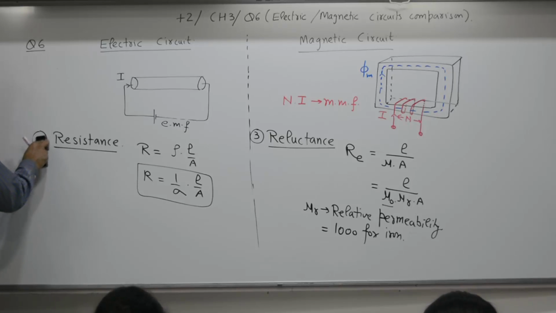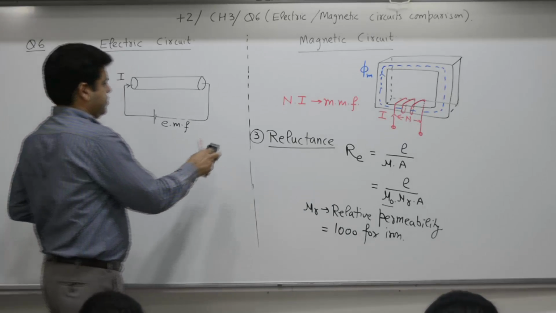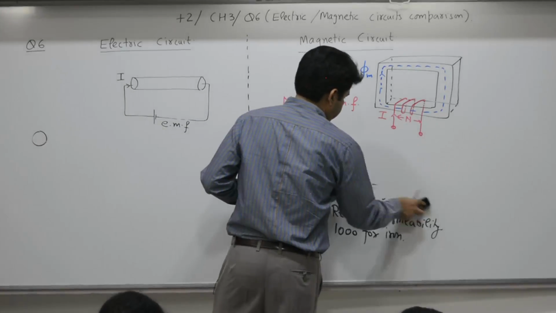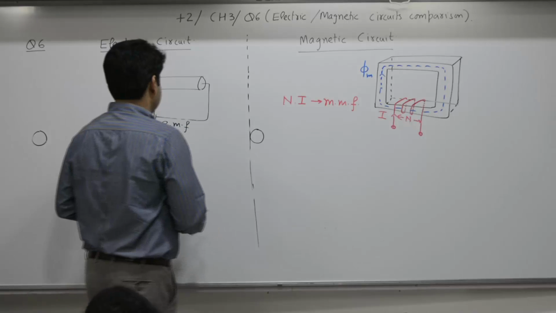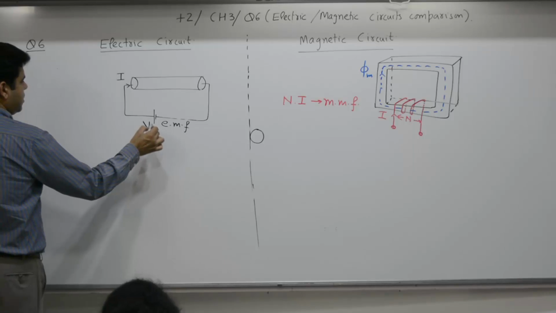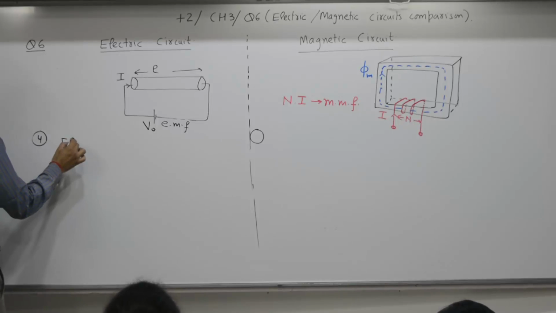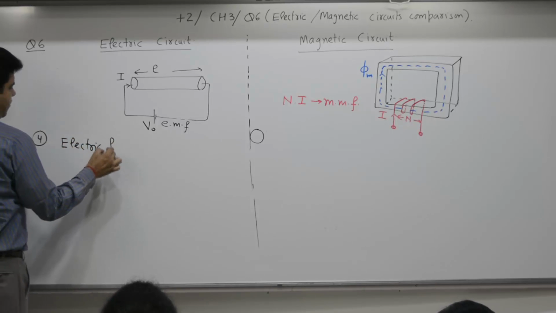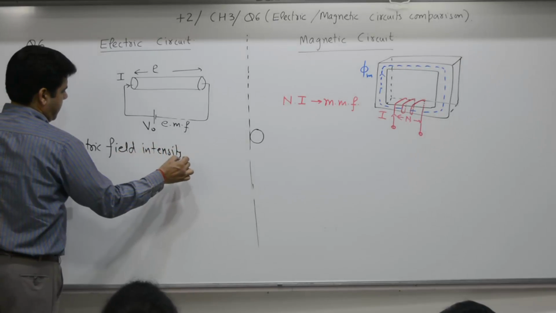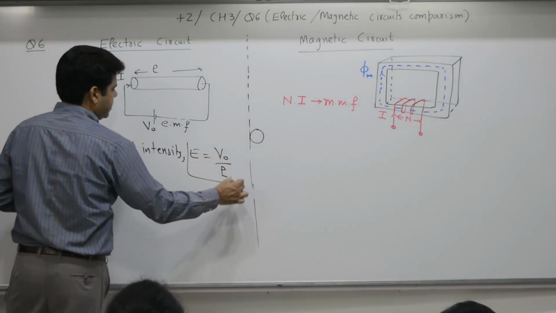Fourth point is electric field intensity E. If the voltage applied is V naught and the length of the conductor is L, then electric field intensity E is equal to voltage per unit length.